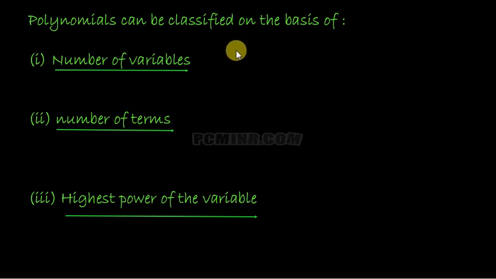So if I have a polynomial like 4x square minus 3x plus 7, then this will be a polynomial with one variable. If I have a term like x plus y minus 2, now this is a polynomial with two variables. There are sometimes even three variables.